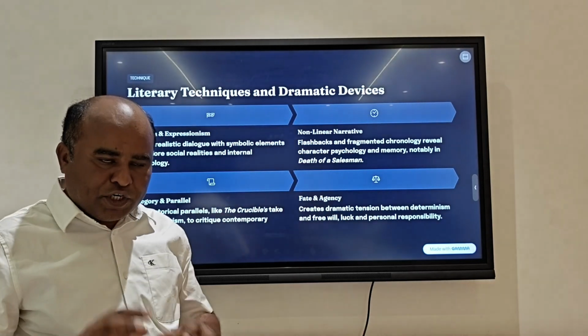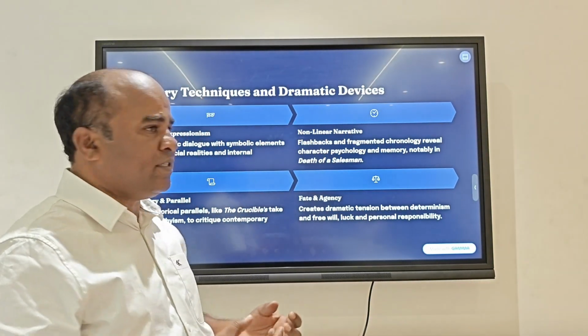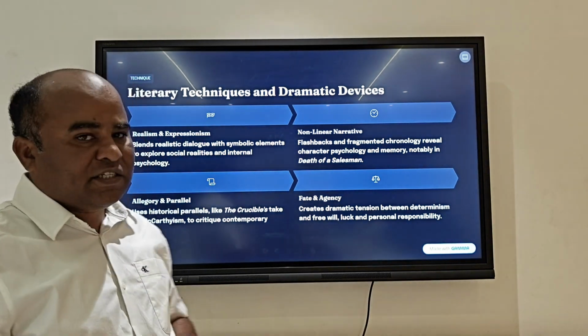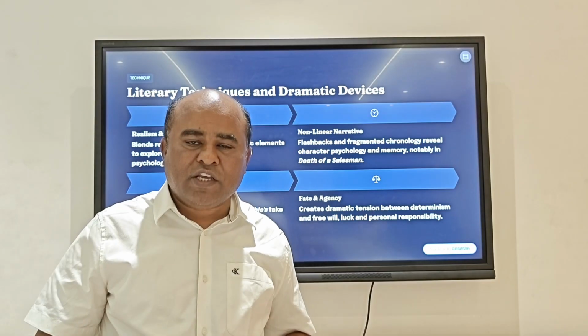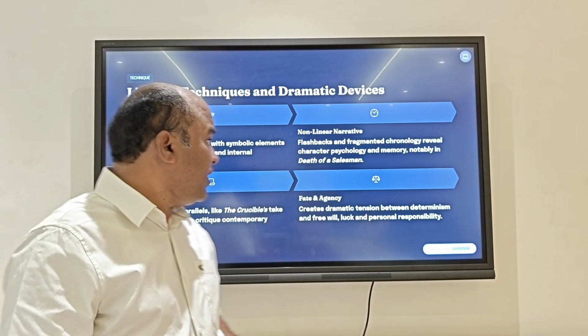Now, in this particular lecture, let us dive deep into his art as a playwright, and let us talk about some of the literary techniques and dramatic devices which he uses in order to enhance his art as a playwright.